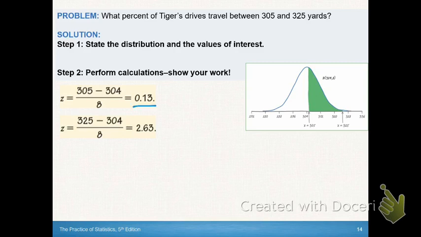So when you look up 2.63, the larger one, you would be finding the area from here and down, which means all of this would be included as well. And then when you look for the other one, that's from here and down. So that would give you what used to be white. You would have to end up subtracting them to get our final answer if you were going to do this by hand rather than on the calculator.